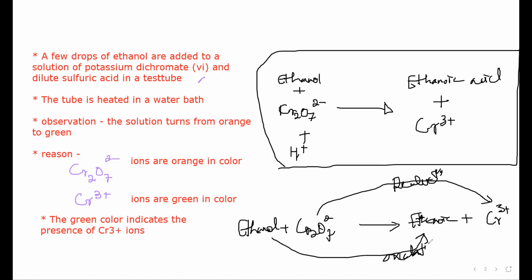So both oxidation and reduction are taking place in the same reaction. This is a redox reaction. One reduces, the other one oxidizes. It is happening because of gaining and losing of electrons. Displacement is when one moves and then the other one comes and bonds in that element's place. That doesn't happen here.